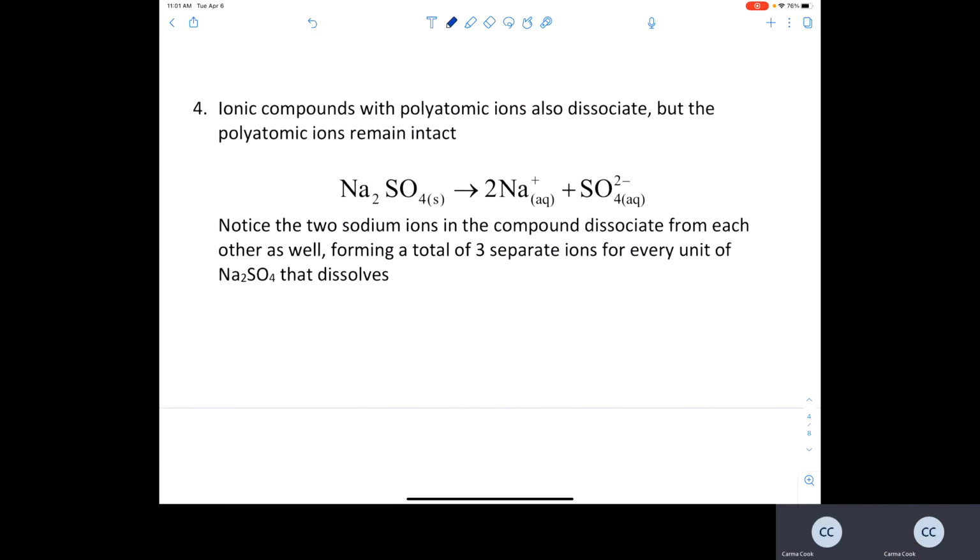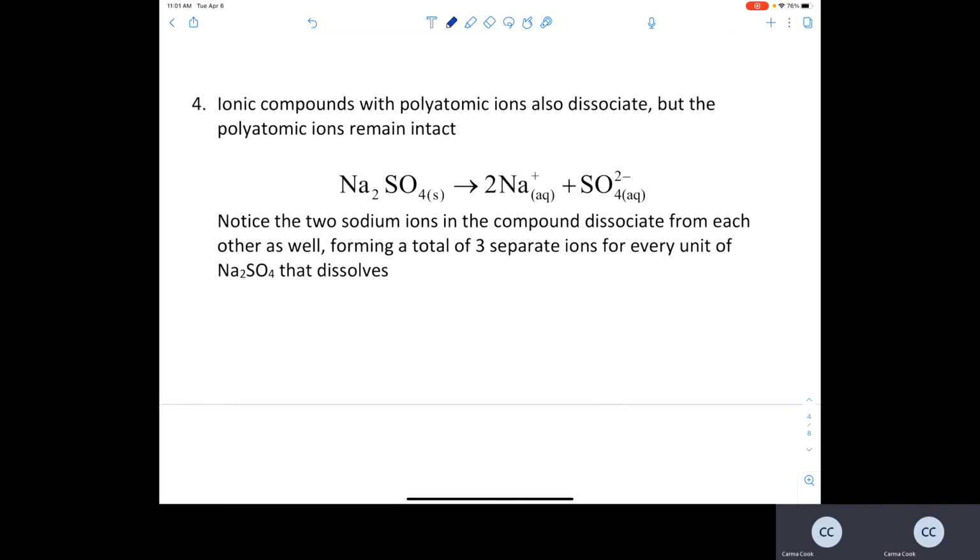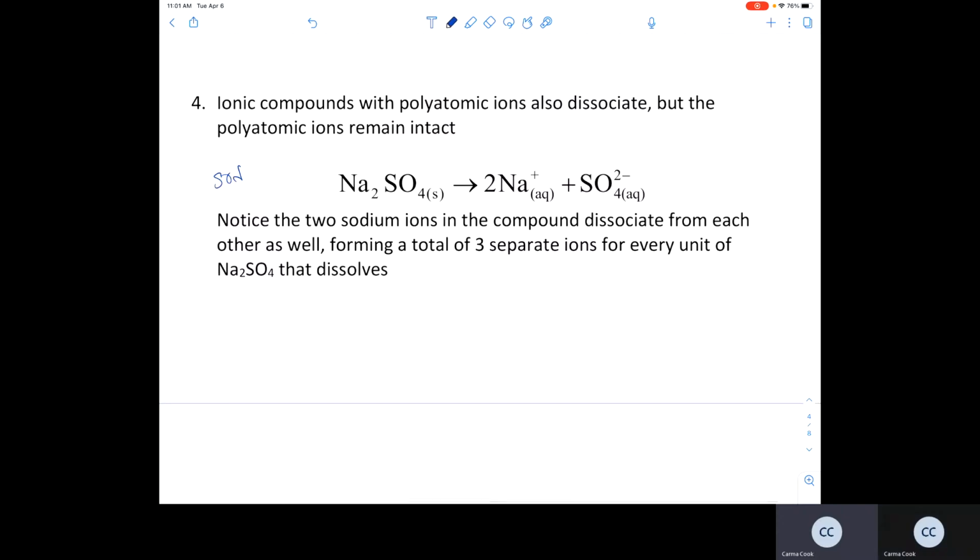So if your salt or your ionic compound consists of a polyatomic ion instead of a monoatomic ion like the chloride ion in NaCl, sodium chloride, what if we have a salt like sodium sulfate? Well, sodium sulfate is composed of the polyatomic ion sulfate.